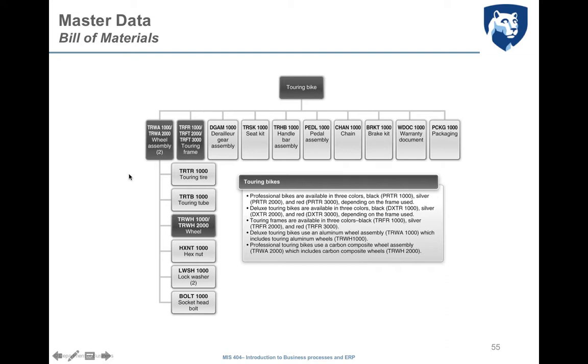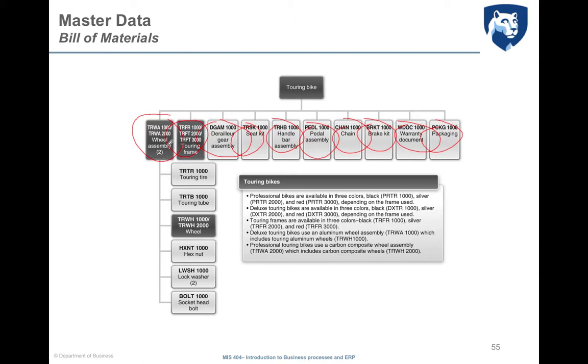This is the representation of the bill of material for touring bikes. I'm going through this very quickly because this is just a representation of the different components that are needed to realize the touring bikes. So we have packaging, warranty documents, brake kit, chain, pedal assembly, handlebar, seat kit, and so on.